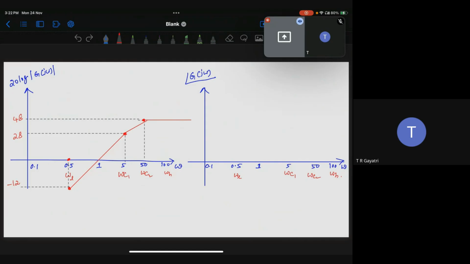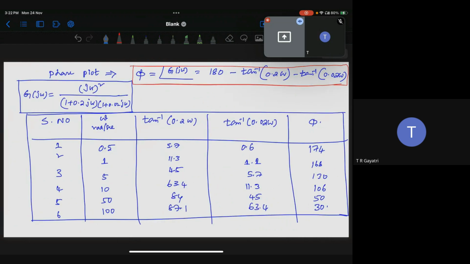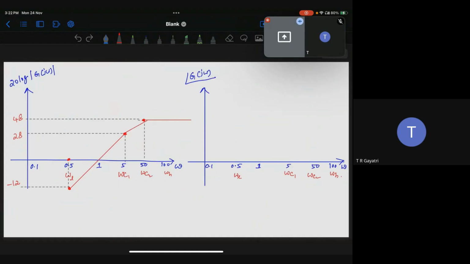Next, we have this table as well. The table starts at 174 and ends at 30. At omega L the value is 174.